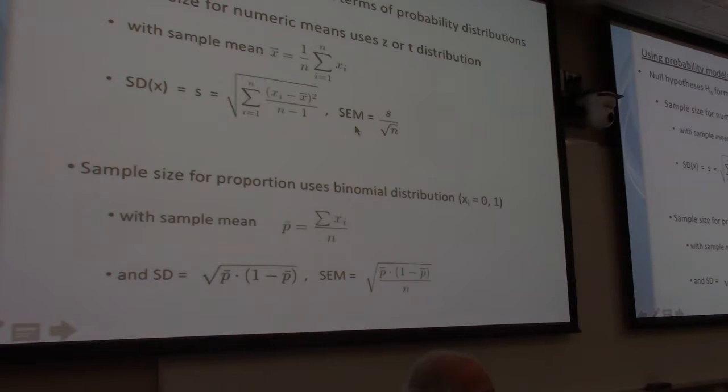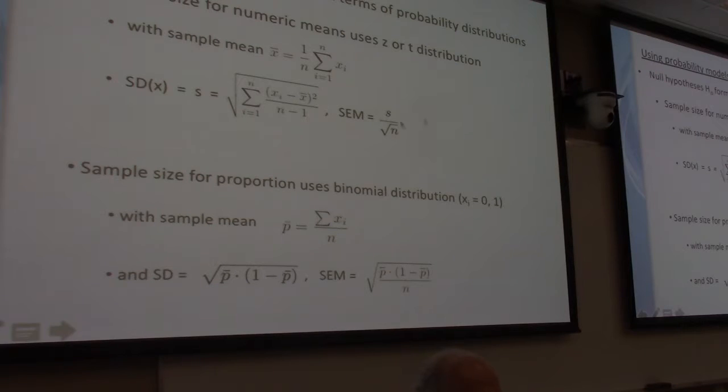And you'll remember that the means are normally distributed and they have their own standard distribution. And that standard distribution is related to the standard distribution of whatever we're measuring. And so the standard deviation of mean blood pressure is called the standard error of the mean, or SEM, and it's just the standard deviation of blood pressure divided by the square root of the sample size.